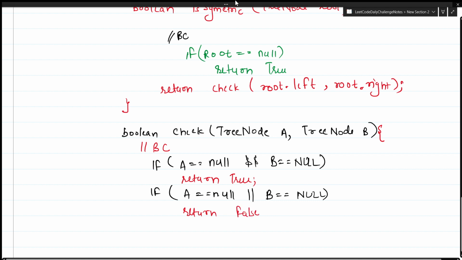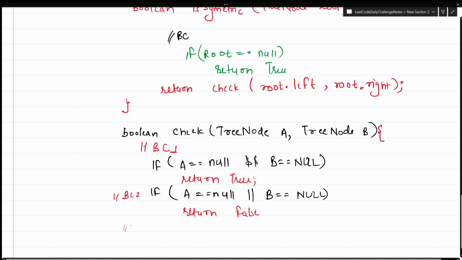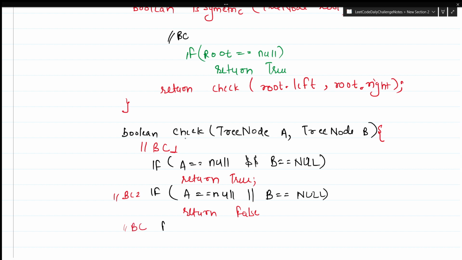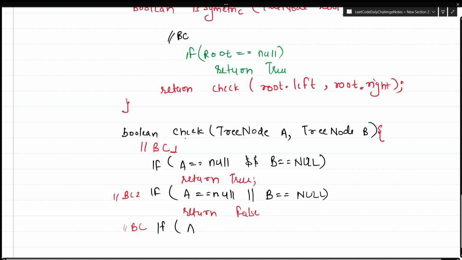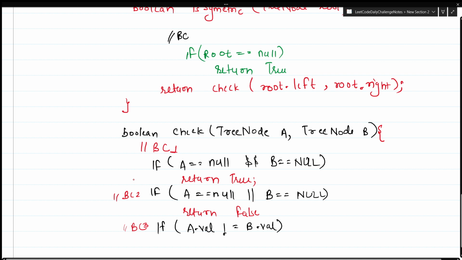Okay, there is a third base case as well. What is base case 3? If A dot value is not equal to B dot value, I need to return false here.